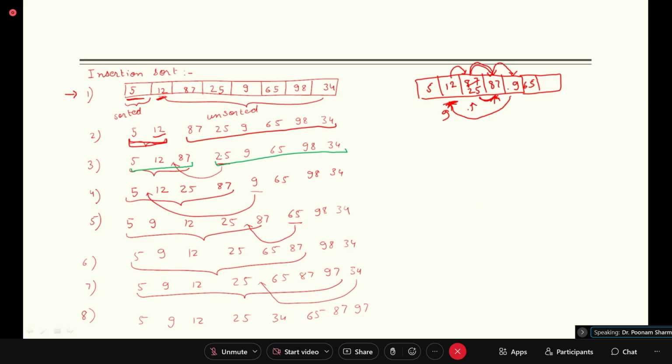Now 25. What is to be done? 25 is to be placed in between 12 and 87. If you see, between 12 and 87, space is required. What 87 will have to do? 87 will have to move to right. So 87 will move to right and 25 will come here. So 25 is inserted here.